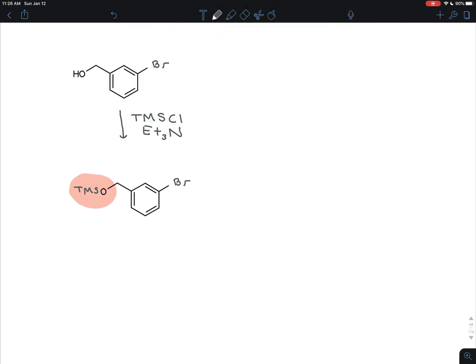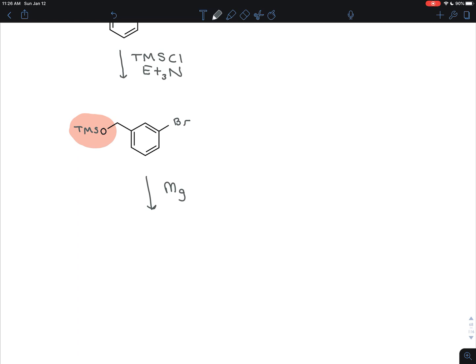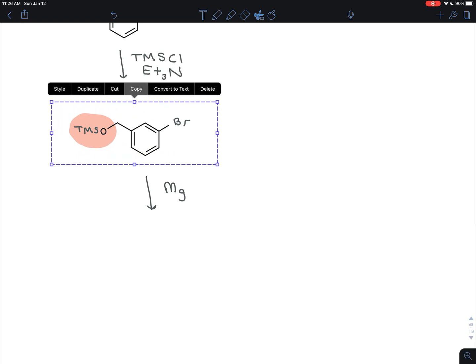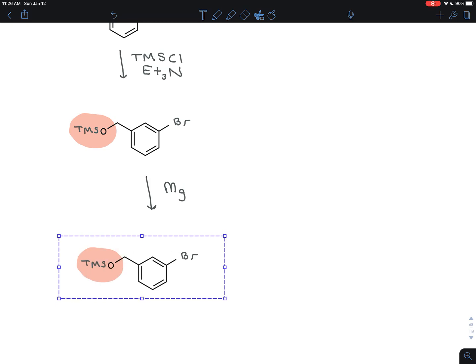So then what we can do is make our Grignard reagent. So now we can dunk the solid magnesium in there. The Grignard reagent can form, and it won't react with what was the alcohol. It won't react with the TMSO, the trimethylsilyl protecting group. So now we have our Grignard reagent.